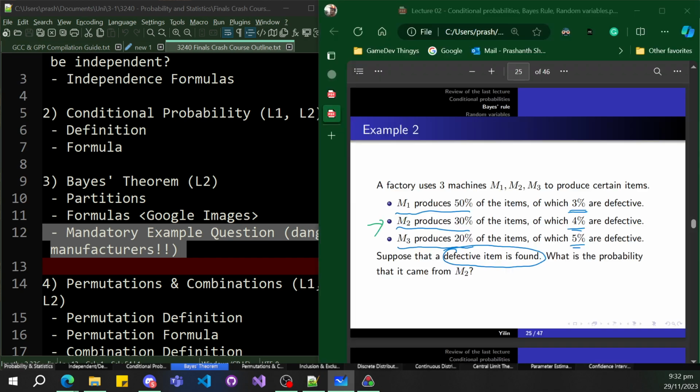These are numbers that we both have because they come from this sentence. This is probability of M2, and this is probability of D given M2, the probability that it's defective given that it came from M2.